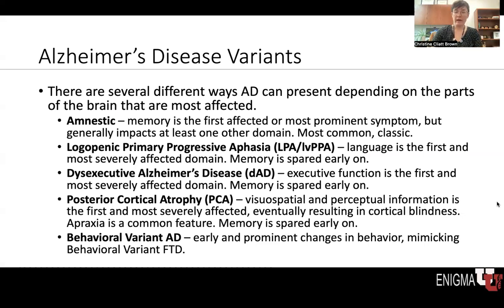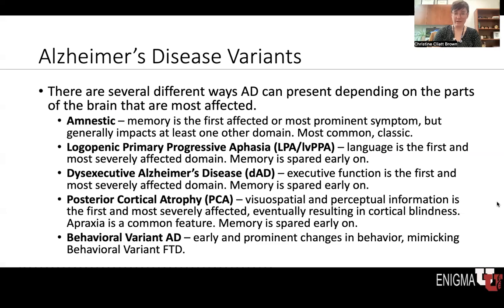So sometimes people will have this primary progressive aphasia form of Alzheimer's disease, where they have a lot of trouble with word finding difficulty, and even when you look at things like their memory, their executive function, everything else is outshined by the language impairment, which is the most disabling feature in this variant of Alzheimer's disease. Then there's dysexecutive Alzheimer's disease.